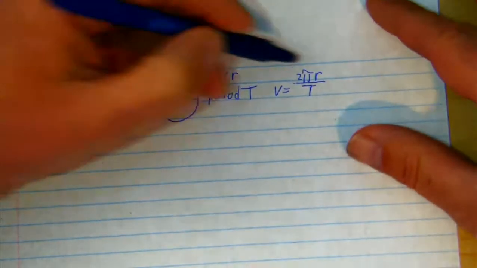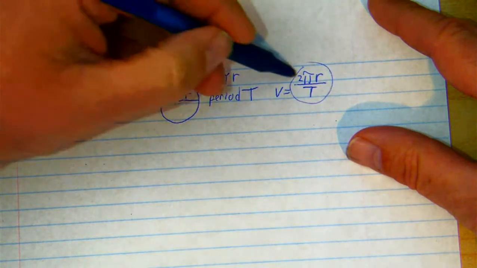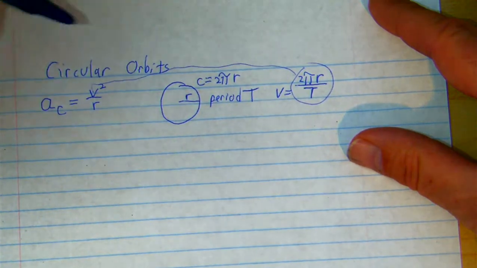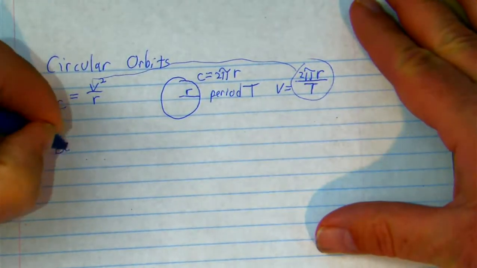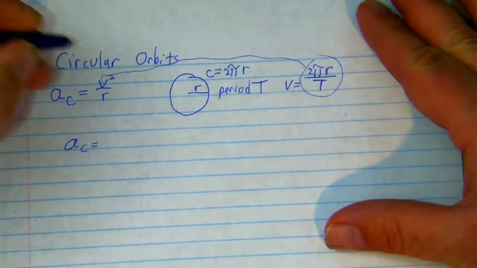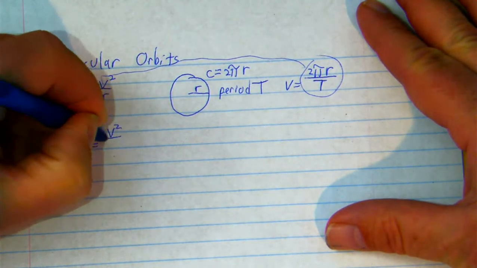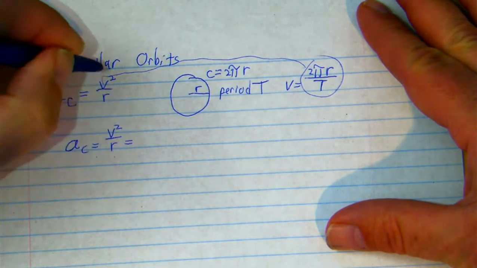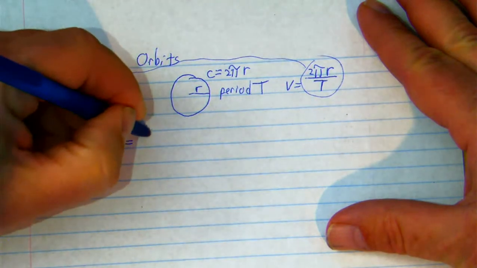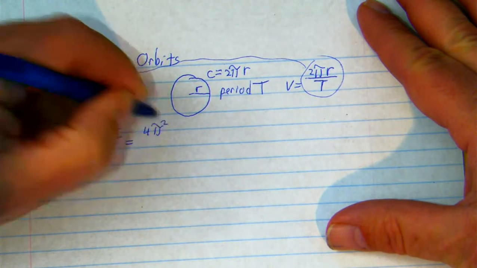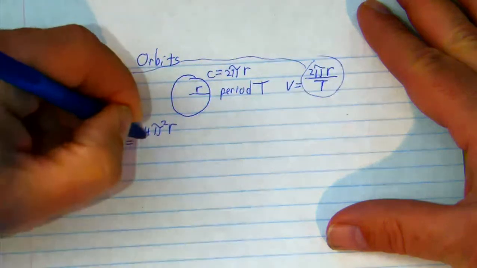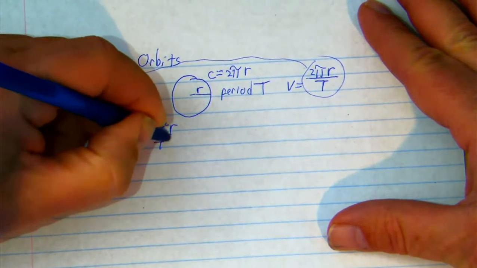I can substitute this 2 pi r over T into the centripetal acceleration formula. So centripetal acceleration could be written as v squared divided by r, but it can also be written as 4 pi squared r divided by T squared.